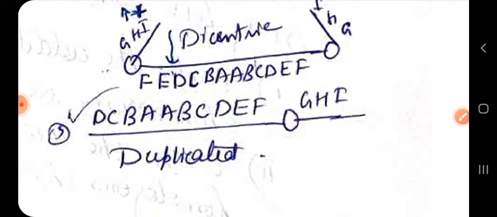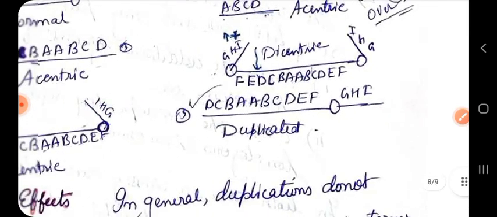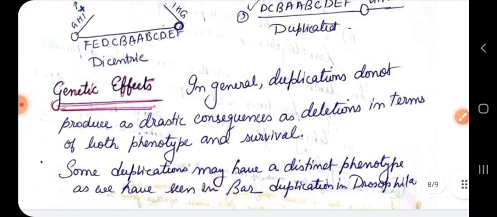I have shown you a peculiar phenotype that leads to this type of duplication, the bar-I phenotype. Okay. Now, at the end, what are the genetic effects of duplication?